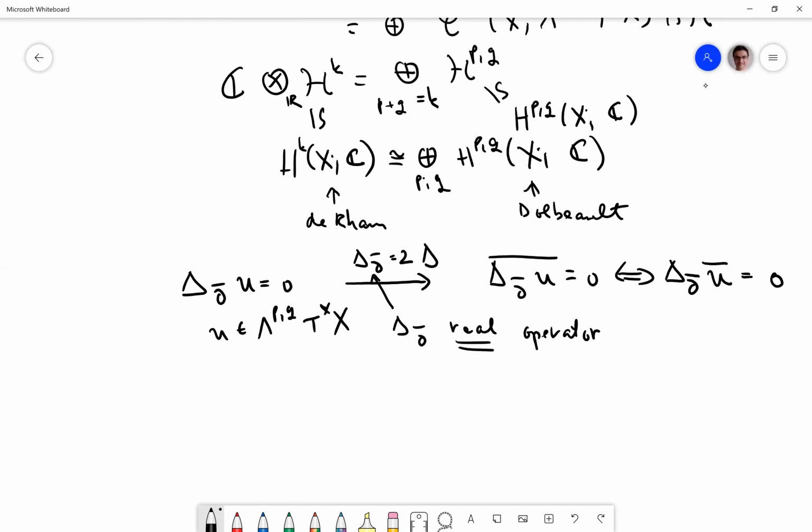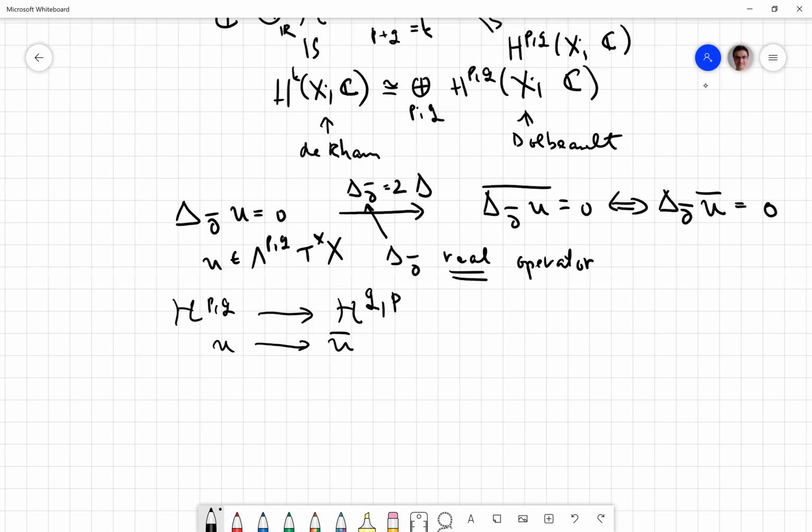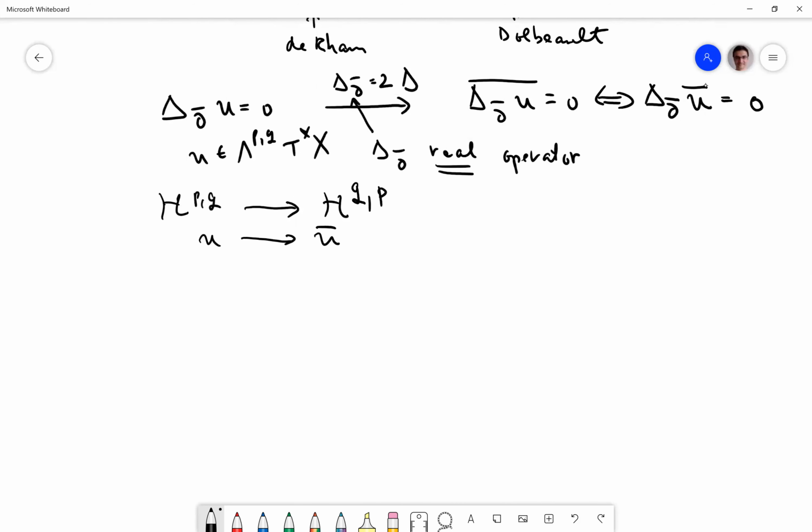So in particular, conjugation gives an isomorphism between H^PQ and H^QP, by simple conjugation. So these two spaces are isomorphic.